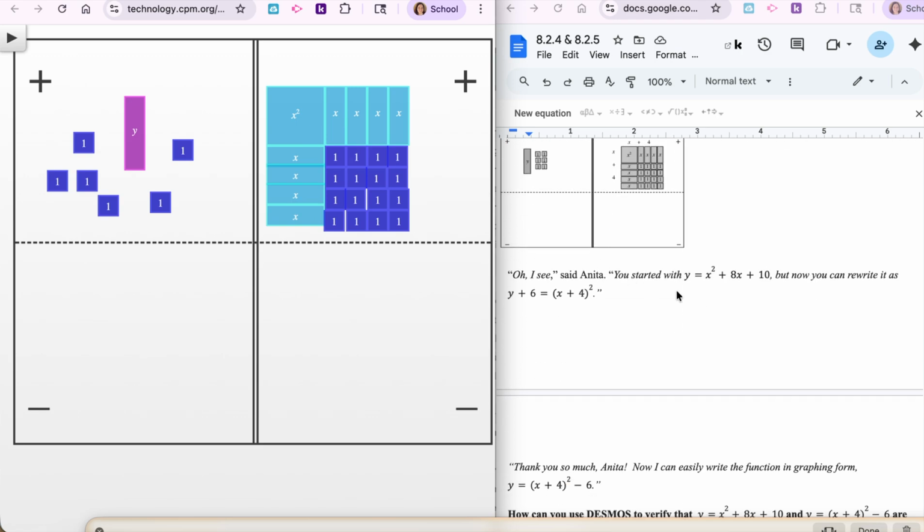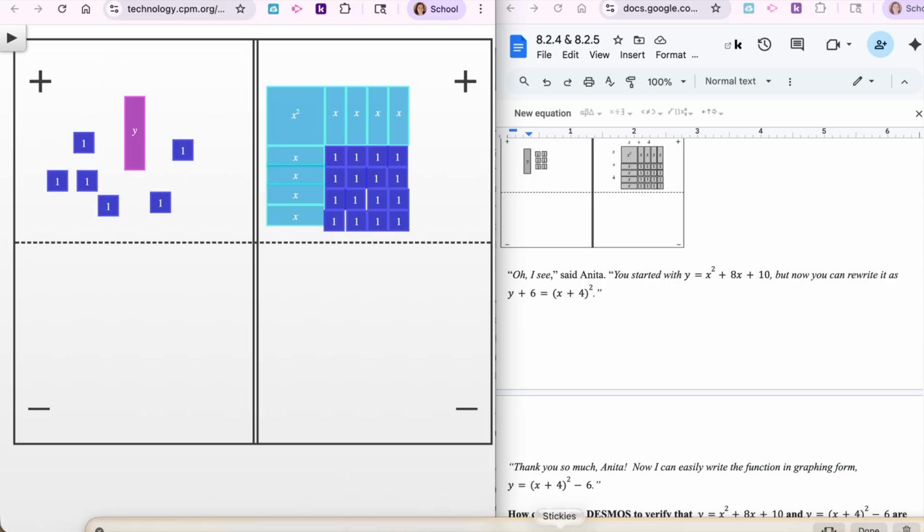So our equation started with y equals x squared plus 8x plus 10, but now we can actually rewrite our equation using what we see here. So we see x plus 4 squared, and that's the same thing as what our y value was if we were to add 6 to it.